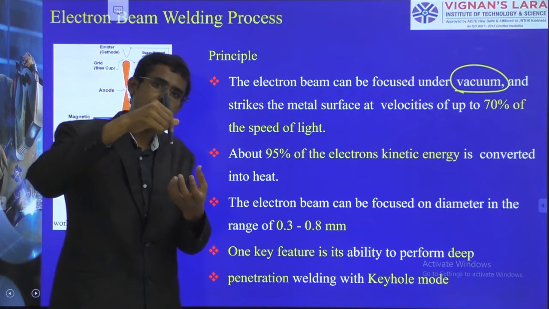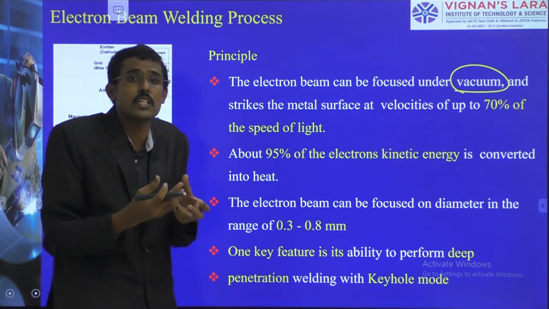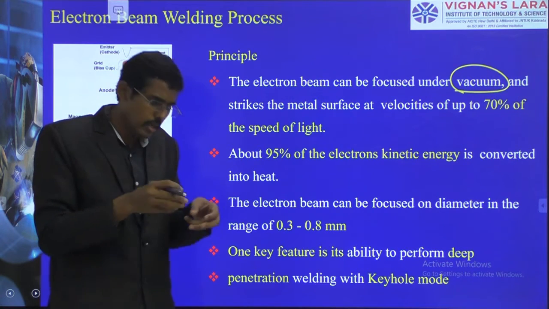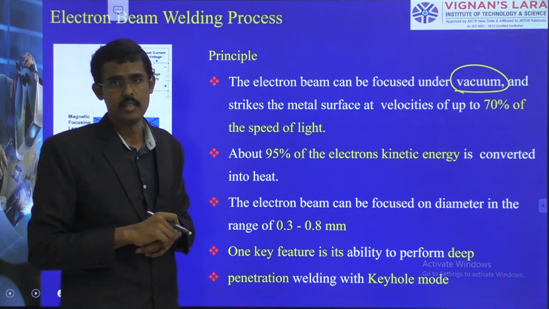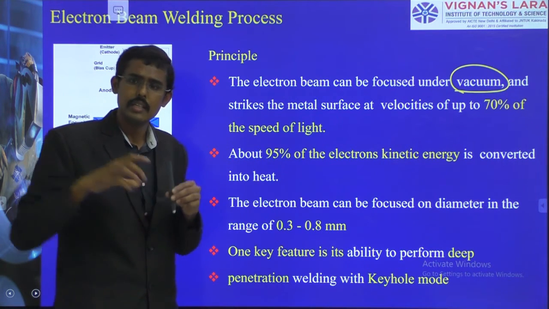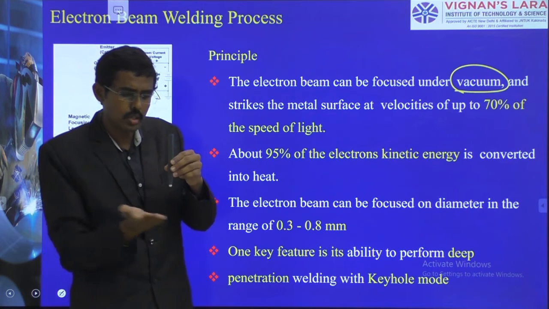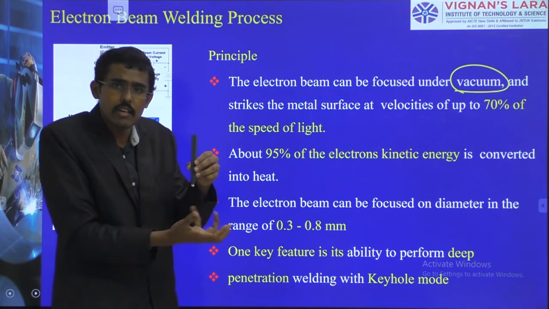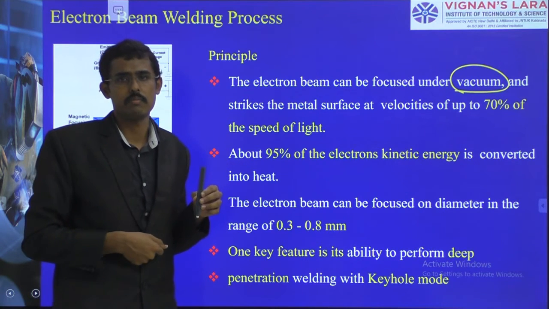In between, let us consider the released electrons as having 100% of the heat. This 100% of heat is to be utilized for melting the workpiece and welding. But what happens in the middle is that atmospheric air circulations come into action and disturb the electron flow, and maybe this heat will be absorbed by the atmosphere.